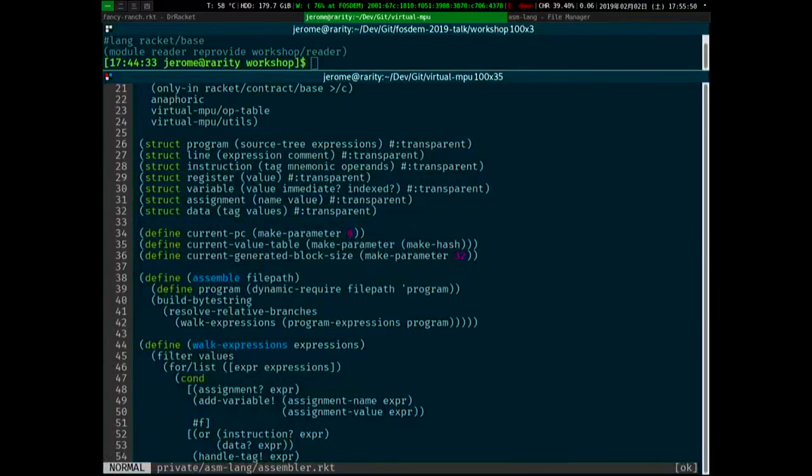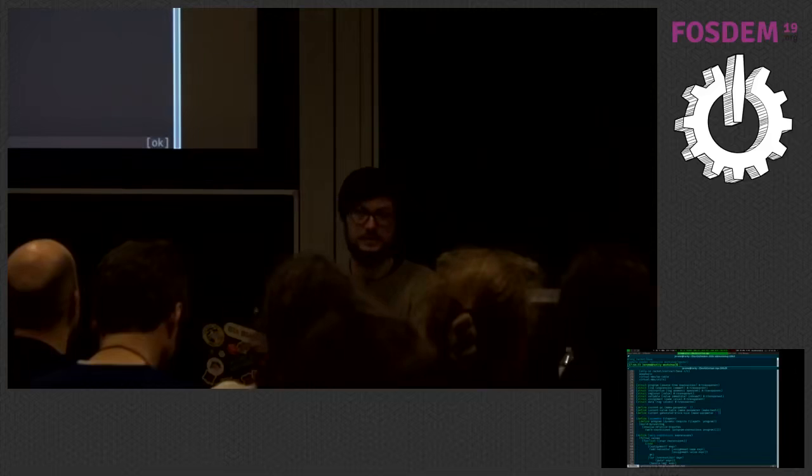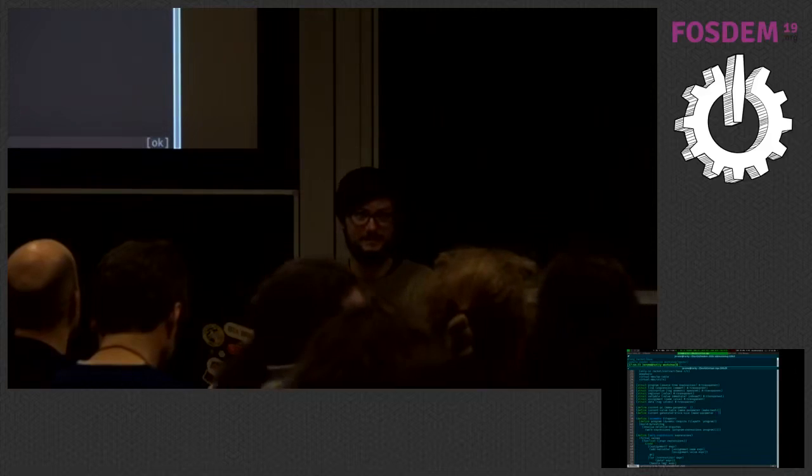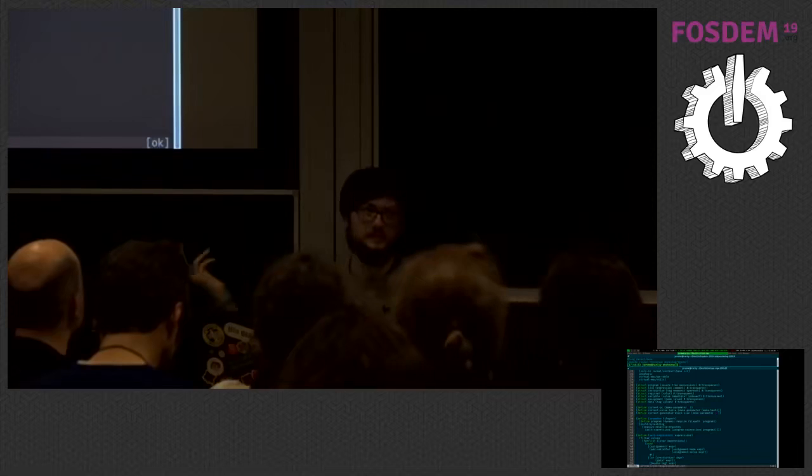So at first it compiles into Racket language, and then when the Racket language executes, it generates a binary. The binary runs in a Java virtual machine like this. It generates a binary from the assembler.